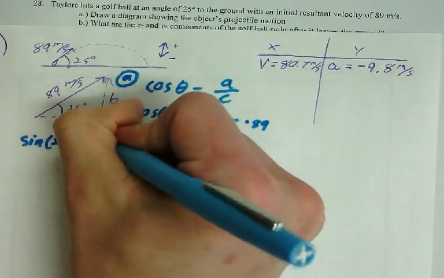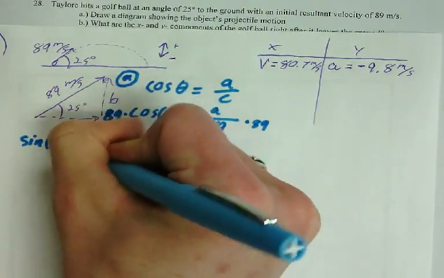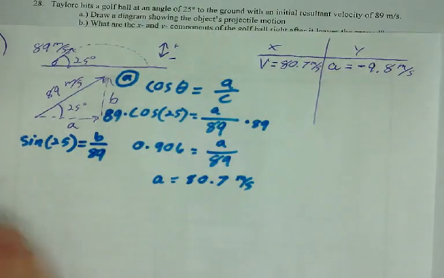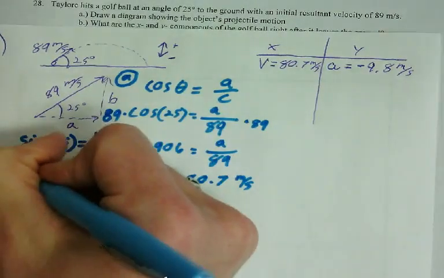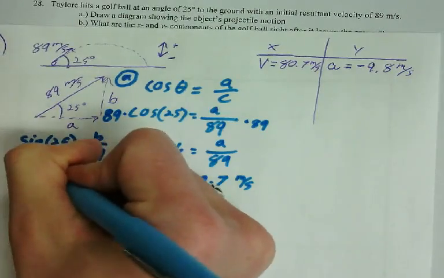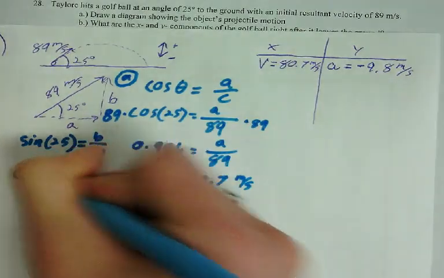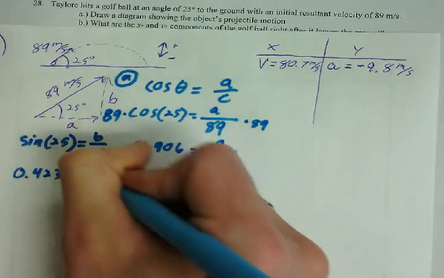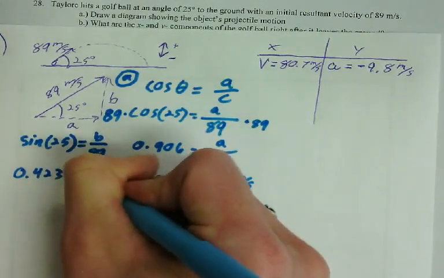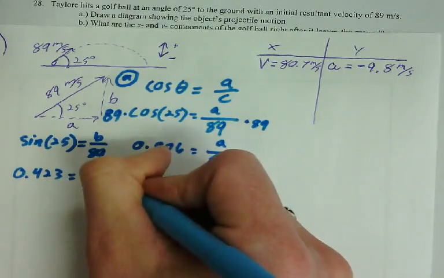And that one, sine is B over C. So figure out the sine of 25. 0.423. We'll just round it 0.4. Yeah, we'll do 423. B over 89. Multiply both sides by 89 again.